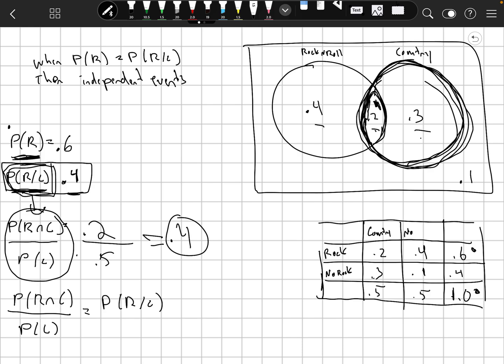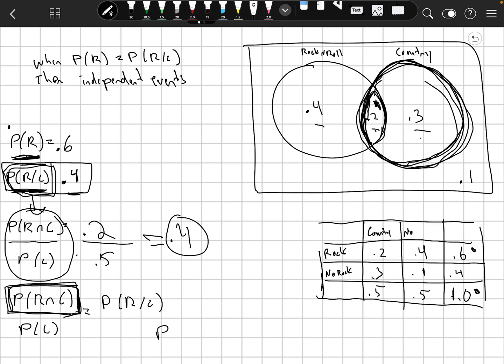From this equation, we can actually get the chance of both happening right here. We can get that alone by timesing by the bottom here. So I'm going to times by the probability of country music.